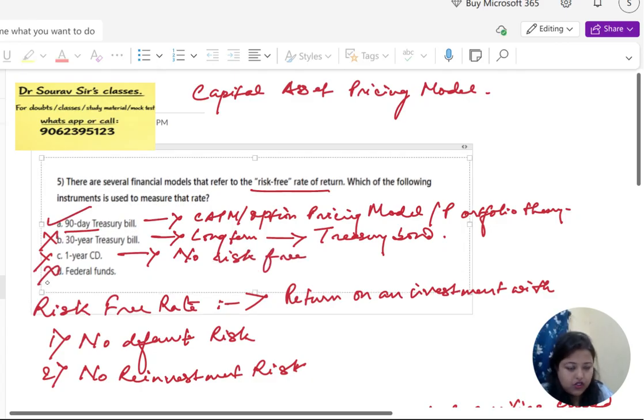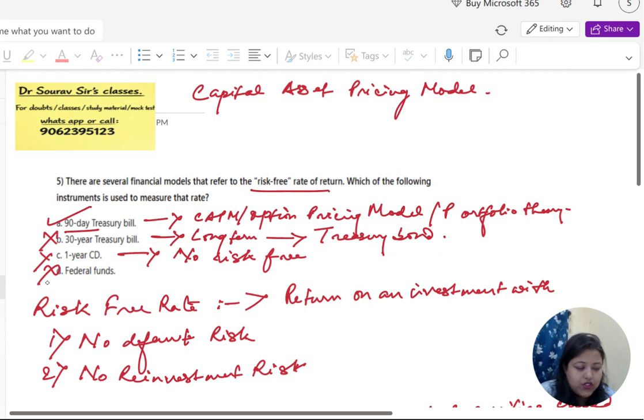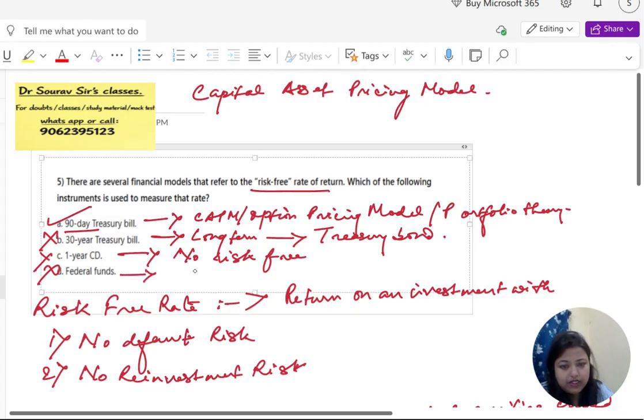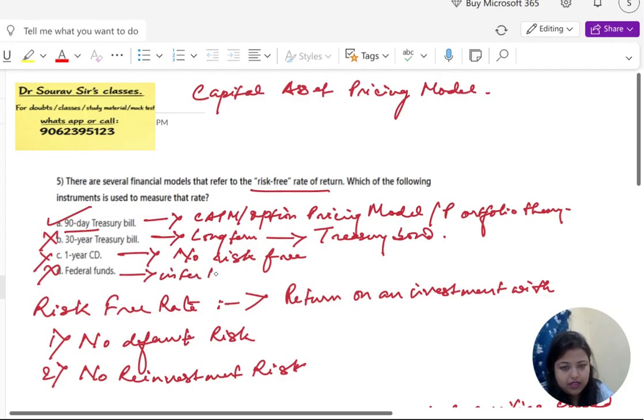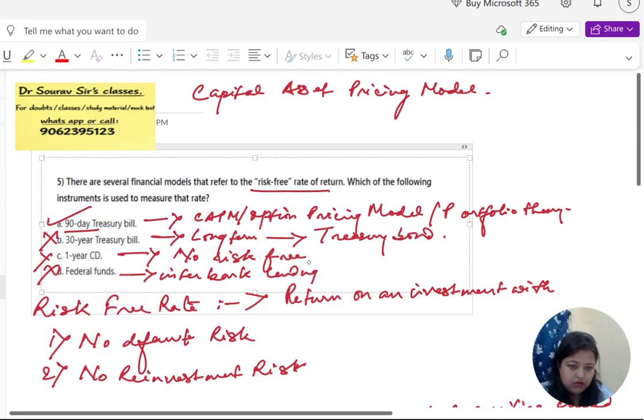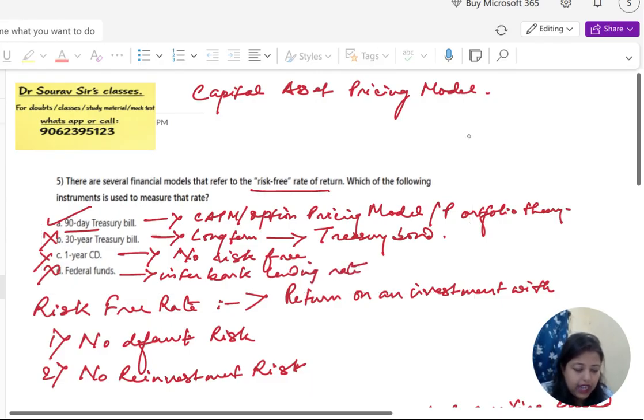And federal funds is also wrong because this refers to the federal funds rate, which is an interbank lending rate, and not a security investors can hold directly.